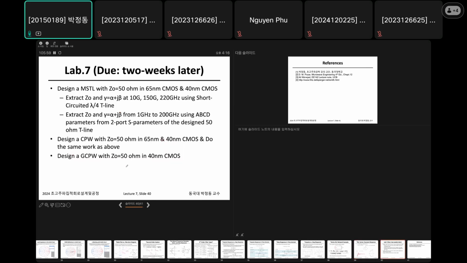Okay. So here is lab 7. Design a microstrip with Z0 equal to 50 ohm in 65 nanometer CMOS and 40 nanometer CMOS. Extract the Z0 and gamma at 10 GHz, 150 GHz, and 220 GHz using short circuit lambda/4 transmission line. Okay.